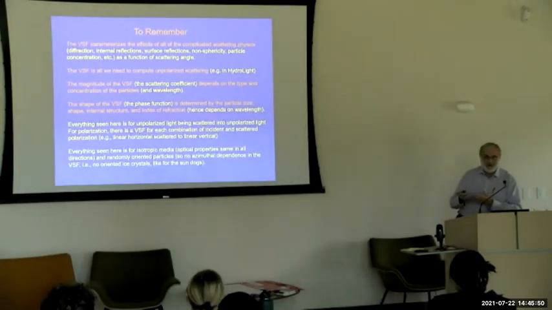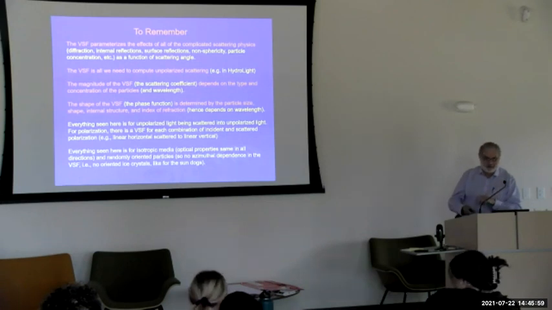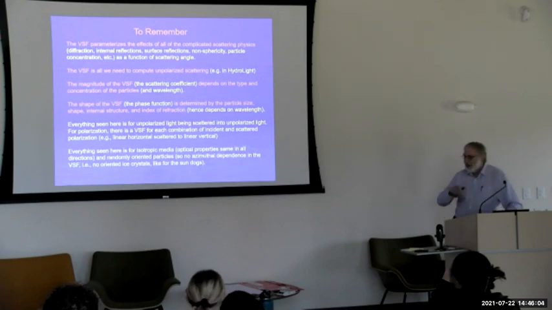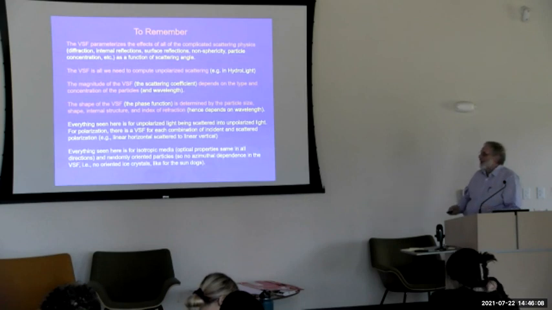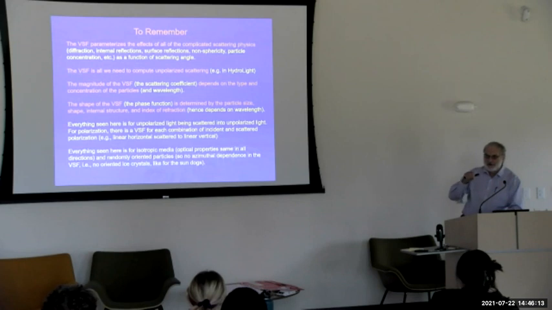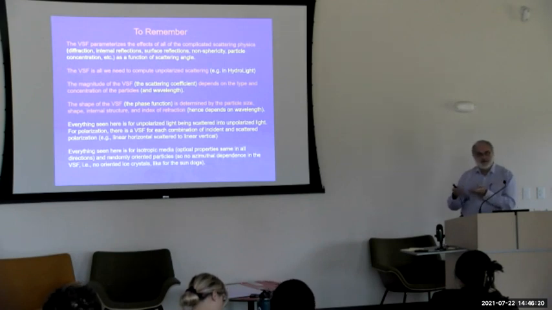Well, the volume scattering function parameterizes all of these very complicated interactions between light and a water droplet or the bubble or the crystal or whatever, and all the diffraction and reflection and refraction and all of that simply gets turned into the shape of the volume scattering function. So if you know the volume scattering function and you use that to model the light field, you can actually account for diffraction effects, but you don't actually have to do diffraction calculations.